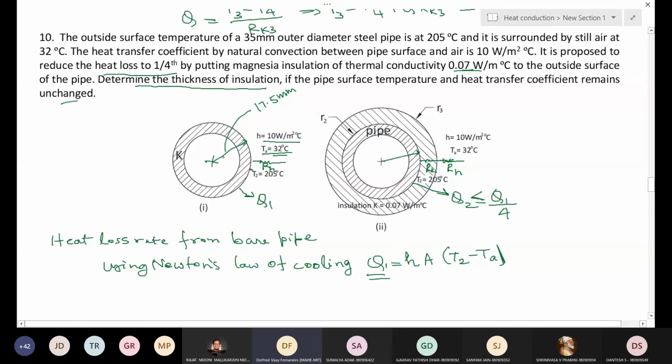What is this radius? Tell me, Vishwajit? Vishwajit, are you there?